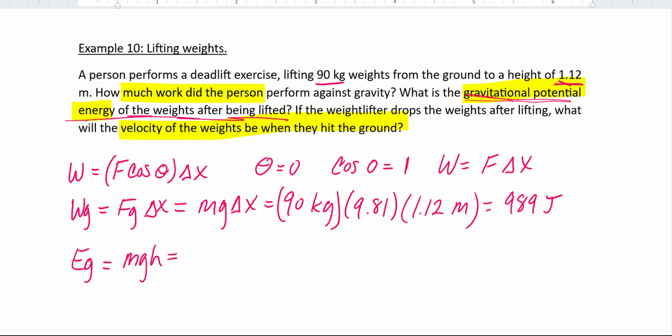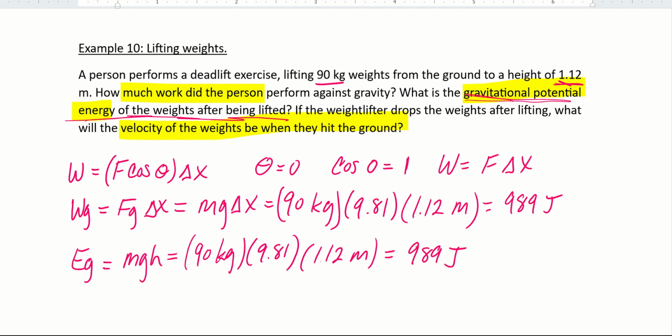So we're going to do this exact same calculation. 90 kilograms, 9.81, 1.12 meters. And so we don't even have to put that in our calculator. It's 989 joules is our gravitational potential energy. So I'll put, if we call this part A, B, and C.